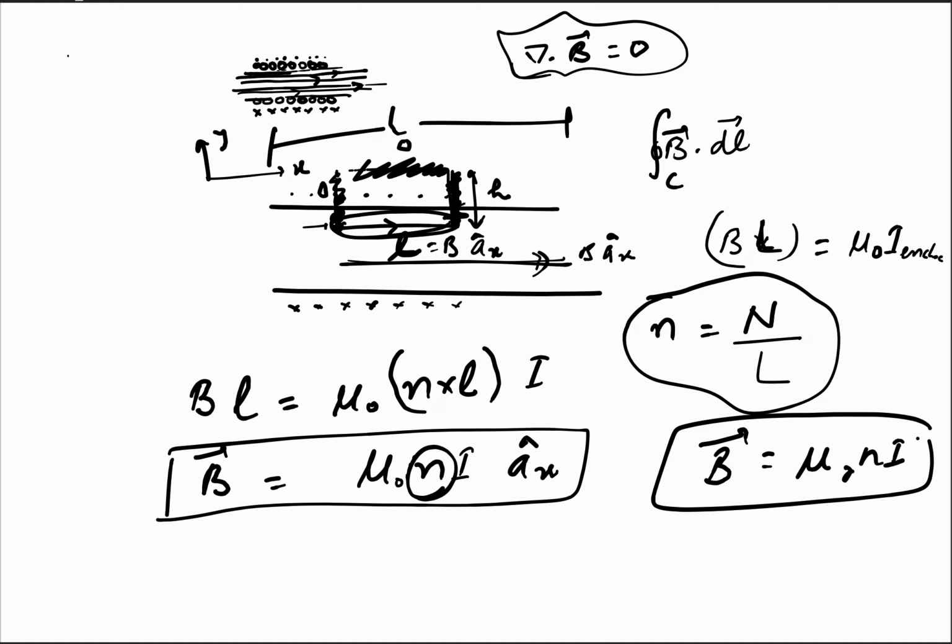Now, what will happen at the ends of the solenoid? So, at the ends of the solenoid, we know that these field lines cannot just terminate. They should close onto themselves because there are no magnetic monopoles.